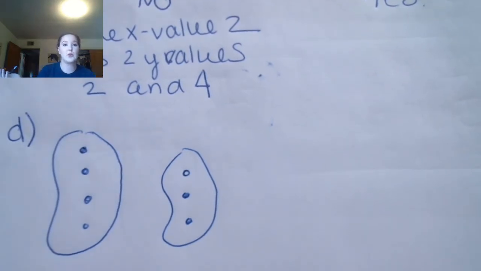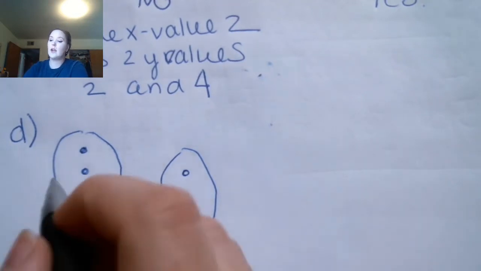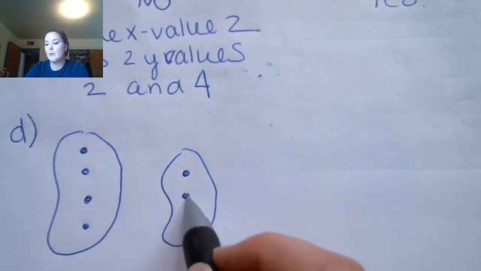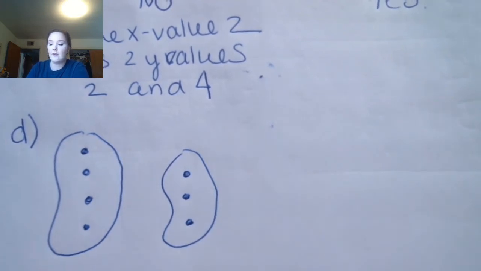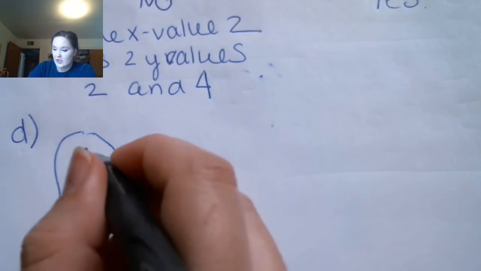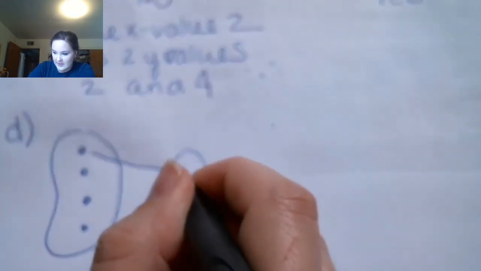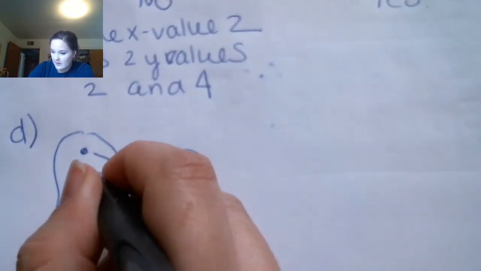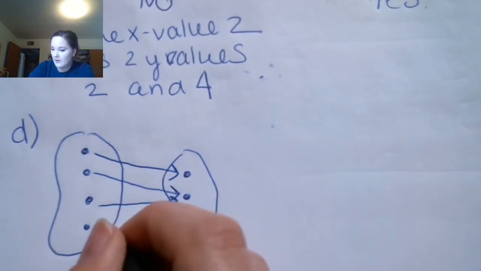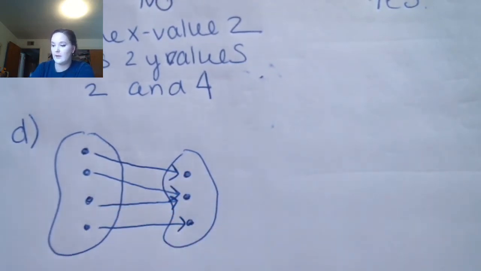We know that they usually represent numbers. So these are my input values here on the left, and these are my output values here on the right. The arrows show what the function does for each input.